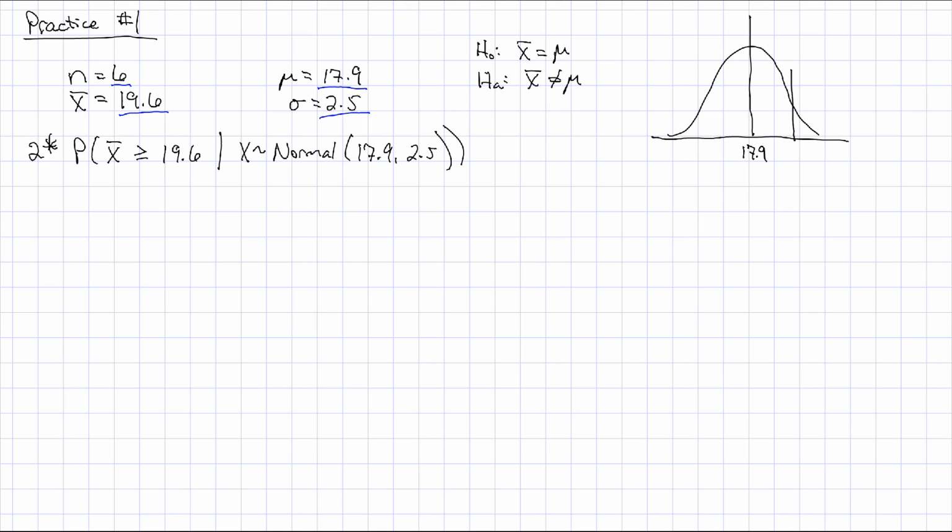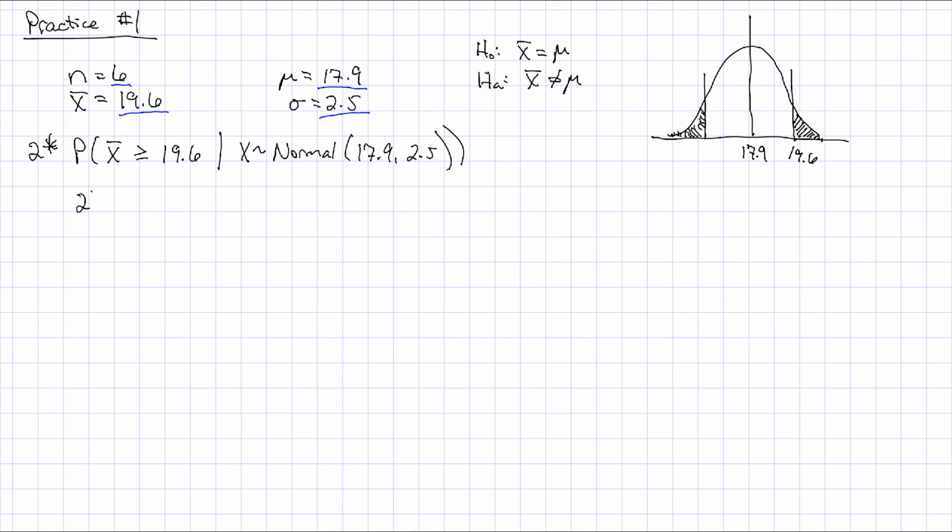Our x bar, our sample, is 19.6, and we want as extreme or more extreme, which is that area, but we're also going to multiply it by 2 so that we can get that area, since they're symmetric. So our p-value would be that area under the curve. So it's p-value, x bar is greater than 19.6. We'll calculate that and then multiply it by 2 because it is a two-tailed test.